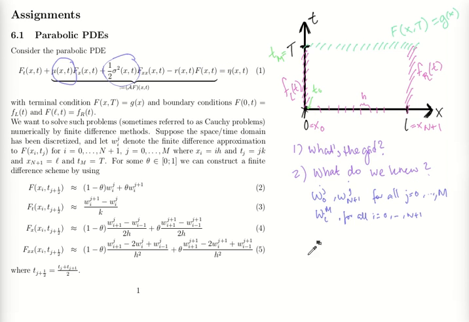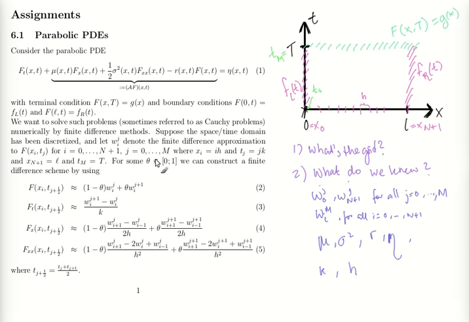So let us also write that down. We know the value of mu and sigma square and r and eta. So we know these four values as well. And apart from that, we also know our time step length and the length of our step size in space.